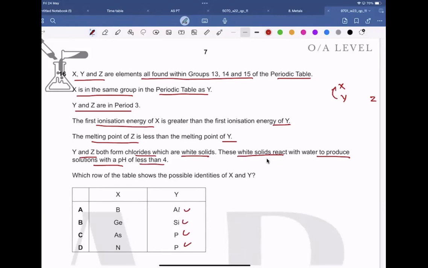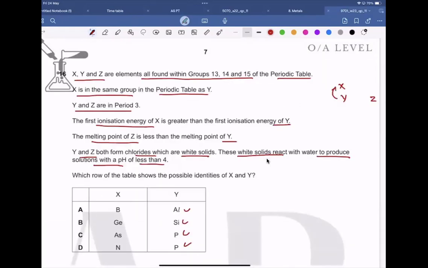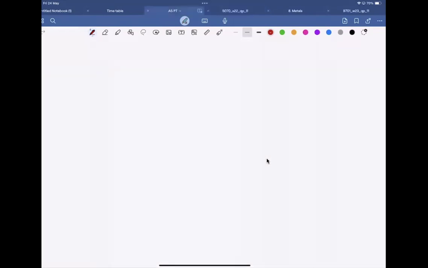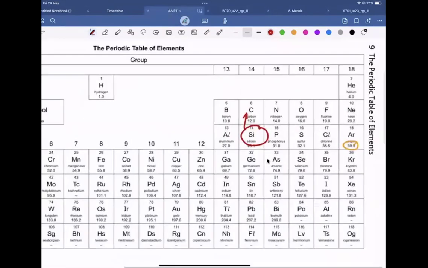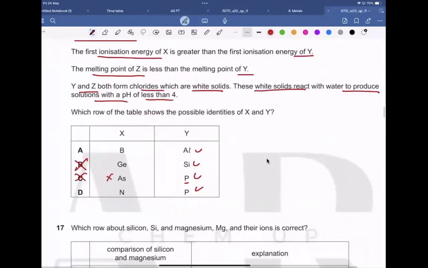So let's have a look at the periodic table. If Y is silicon, then X must be carbon. There is no carbon option, so this goes wrong. If Y is phosphorus, then X can be nitrogen. And over here, X is arsenic. So C goes wrong.